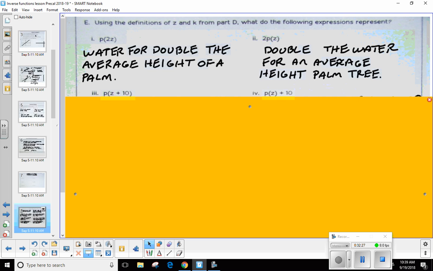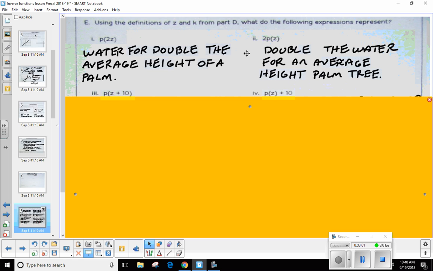Okay, so 3 says P of Z plus 10. So am I affecting the height or am I affecting the number of gallons? Okay, so the height. So what can I say? Okay. I think I started mine off with the water, but you're saying the same thing. Okay. I think I said something along the lines of the average amount of water needed for a tree 10 feet taller than average.